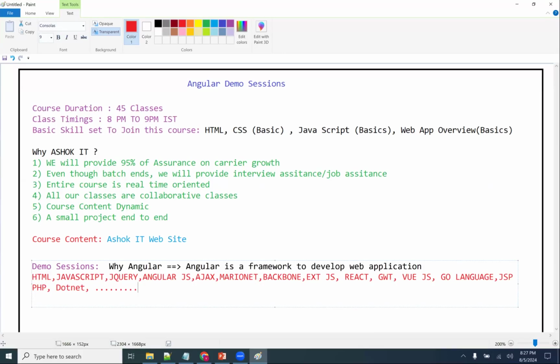How many hairs are on my head? That many languages are available. When there are this many frameworks, we can use any of them, right, guys, to develop a web application.